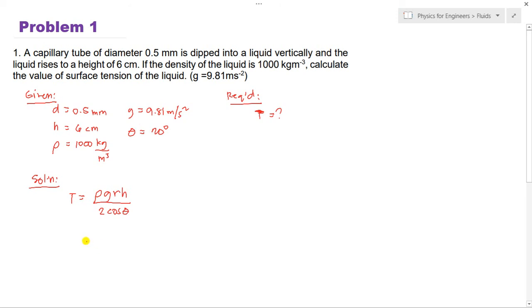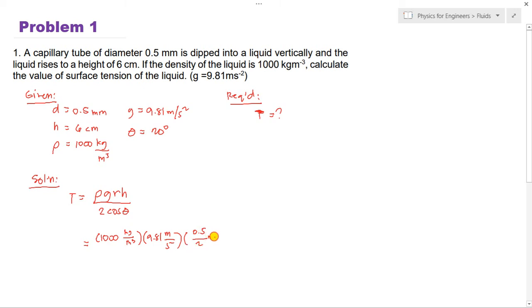So here our density is 1000 kilograms per cubic meter. Gravity is 9.81 meters per second squared. The radius is the diameter over two, so the diameter is 0.5, so that is 0.5 all over 2.